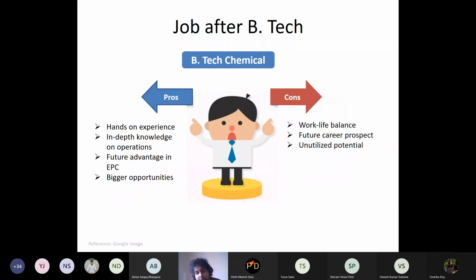So when you're doing a job after a B.Tech, you will have hands-on experience, and in-depth knowledge not only on one subject, but on multiple subjects. Like we have read mass transfer, heat transfer, process control, instrumentation, fluid mechanics, many of the subjects, even cost and plant economics, transport phenomena and mechanical operations.